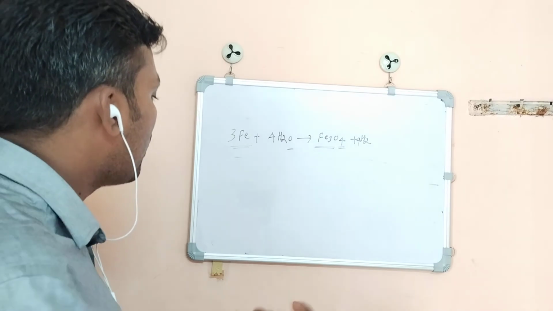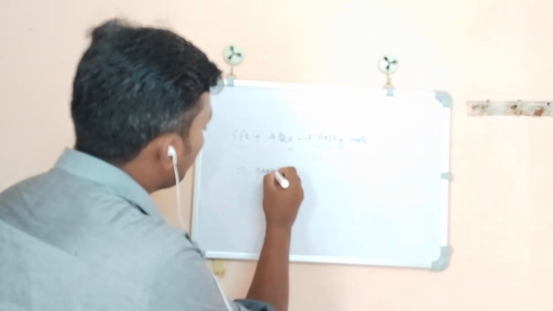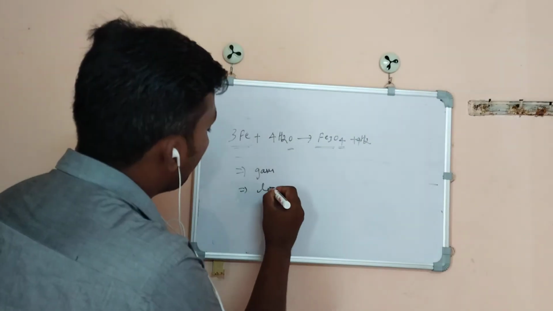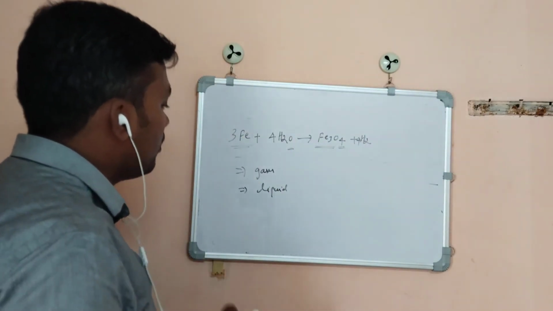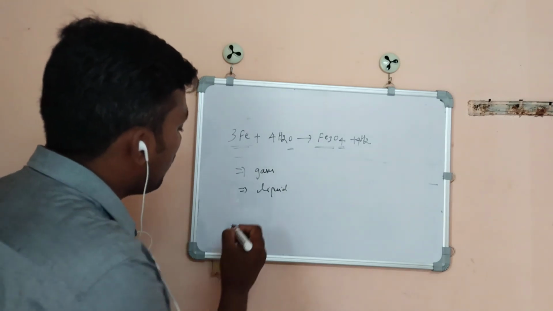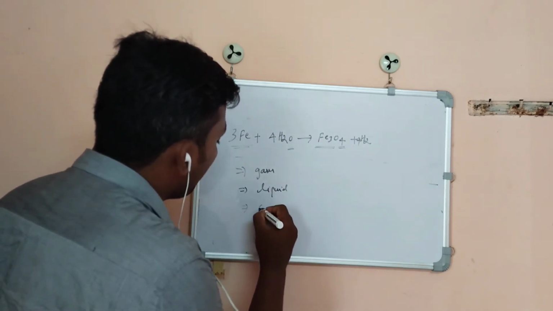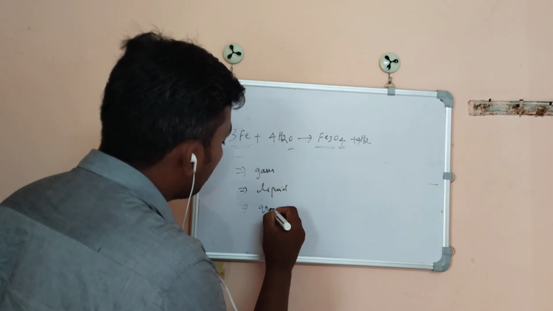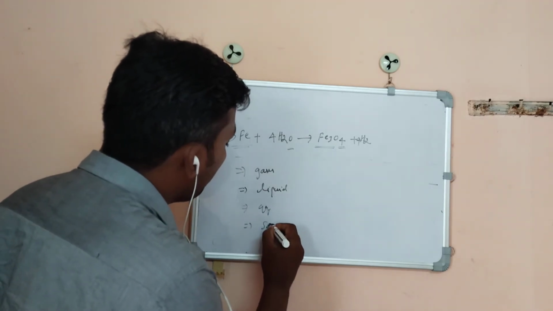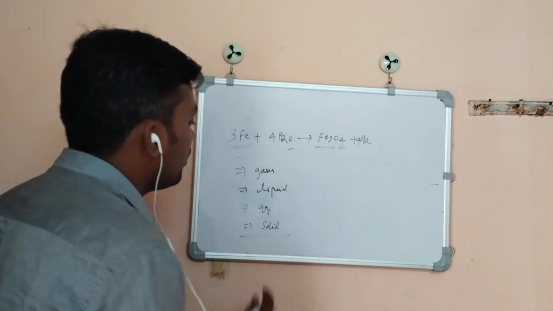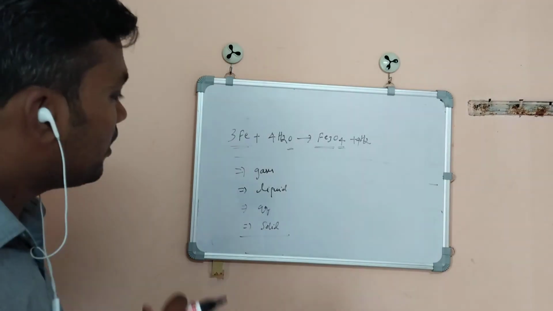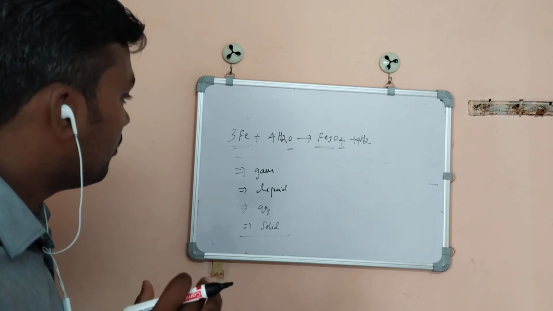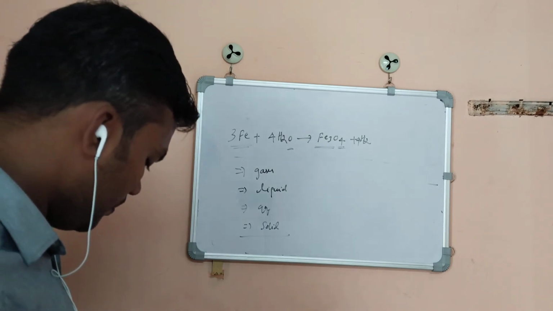In general, the compounds may be in gas form or liquid form. This is the physical state of compounds. Then aqueous medium, or maybe solid form. These four states must be there in the chemical equations.